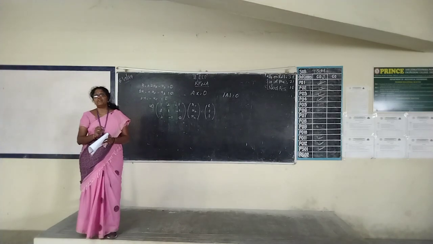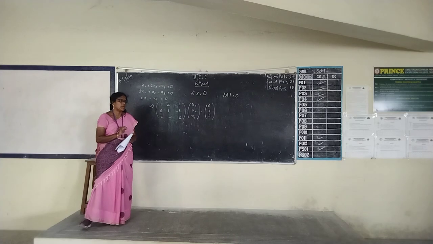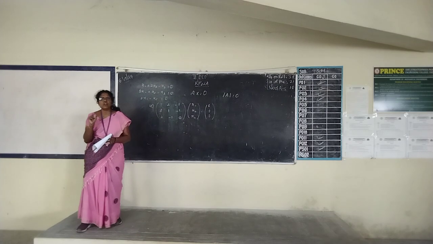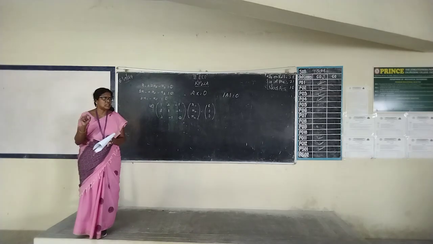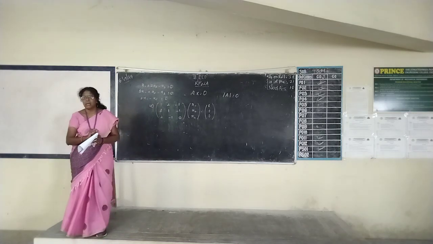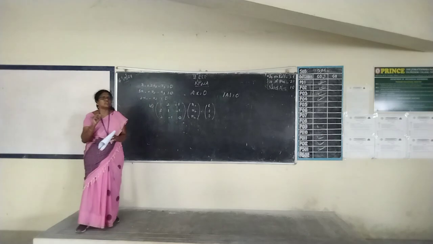Okay, now we have identified the type of solution. Next is the condition to check how many solutions exist. It is based on the value of n minus r. n is the number of unknowns and r is the rank of the matrix. When we combine both, we can say how many solutions there will be.